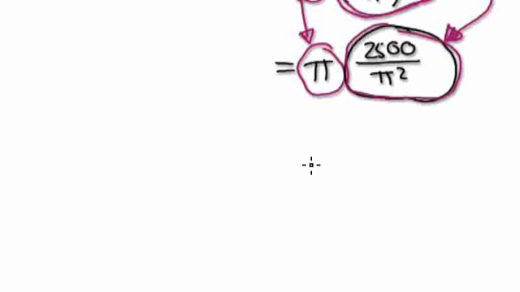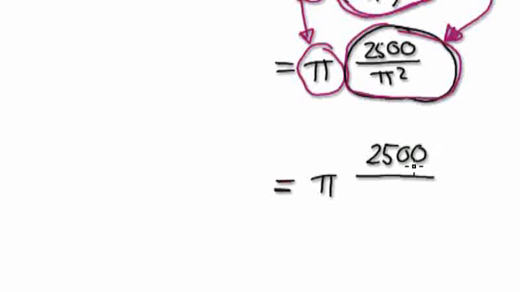So now that you've got two bubbles multiplying each other, in effect you've got this pi times 2500 over pi squared.